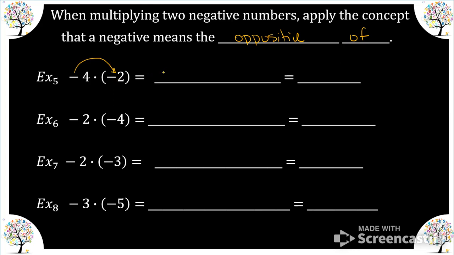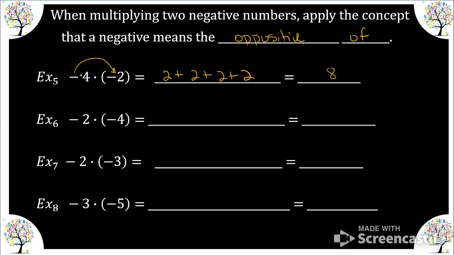So we have 4 groups of positive 2 actually going on here. So this negative, which means opposite of, we take the opposite of the second number, and we have repeated addition, we are going to get a positive 8.